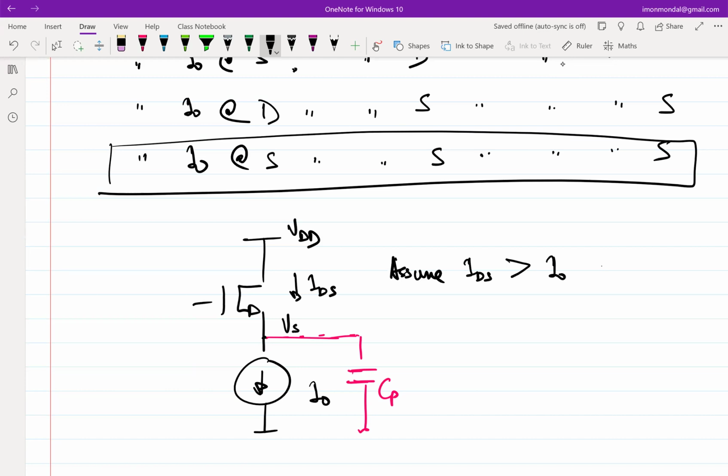So if that is going to go up, what corrective action should we take? Decrease the gate voltage. But essentially I can say that I can decrease the gate to source voltage. Ultimately, the current is dependent on the gate to source voltage, not the gate voltage only, right?